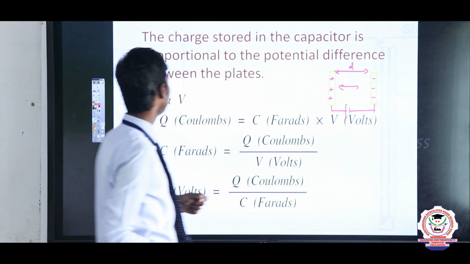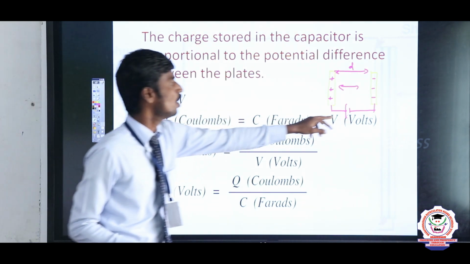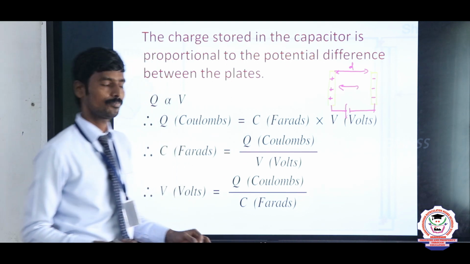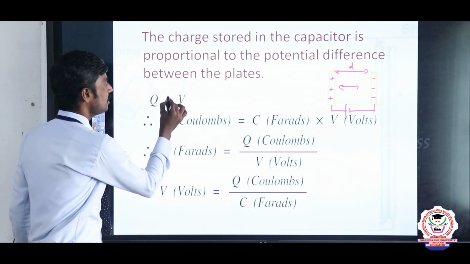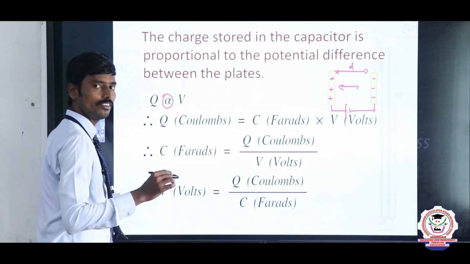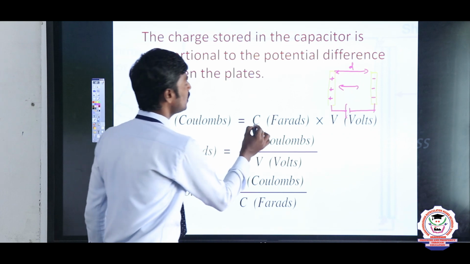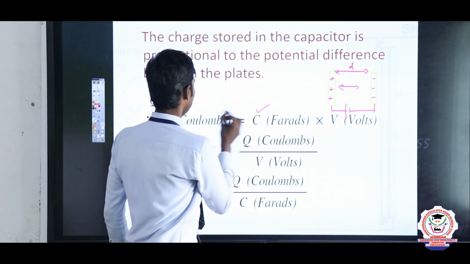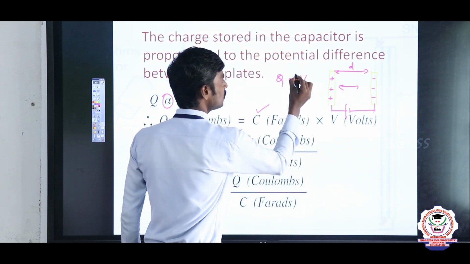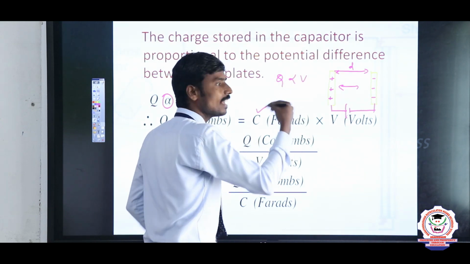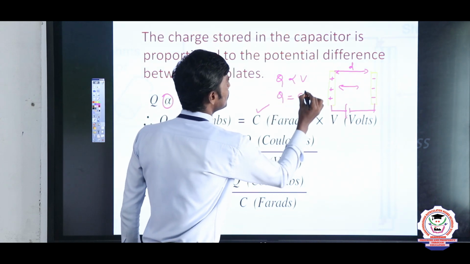So the general expression: the charge stored in the capacitor Q is directly proportional to the potential difference between the plates, that is, Q is directly proportional to V. To remove the proportionality, we introduce a constant term, called C. So Q equals CV.